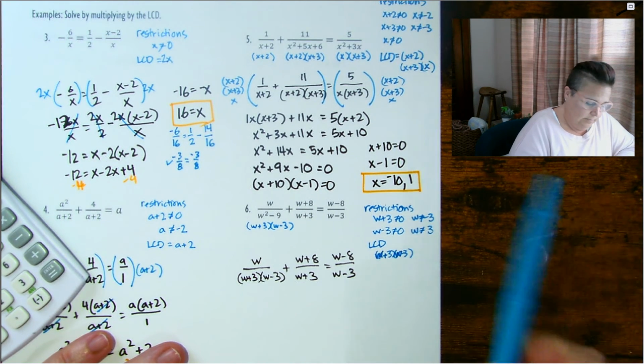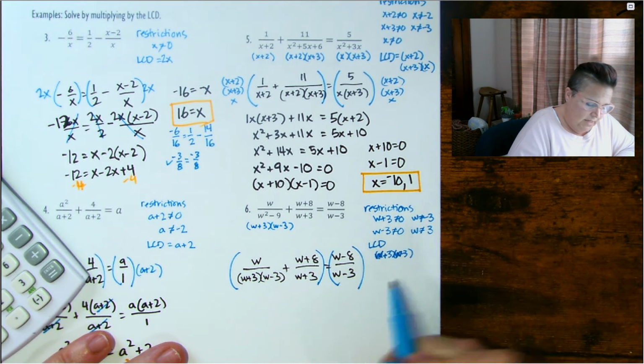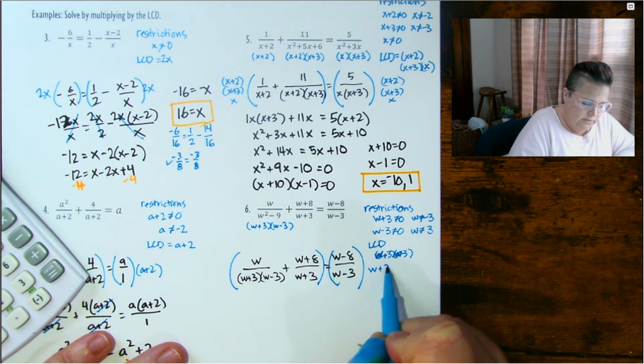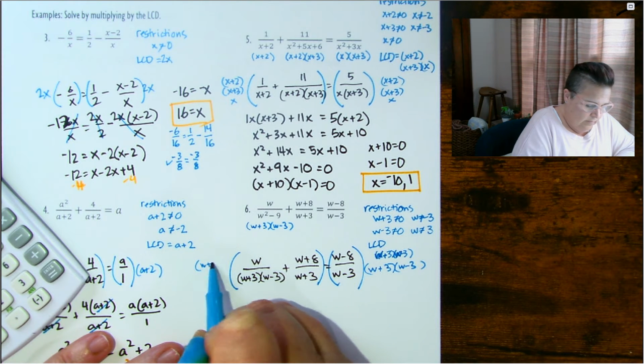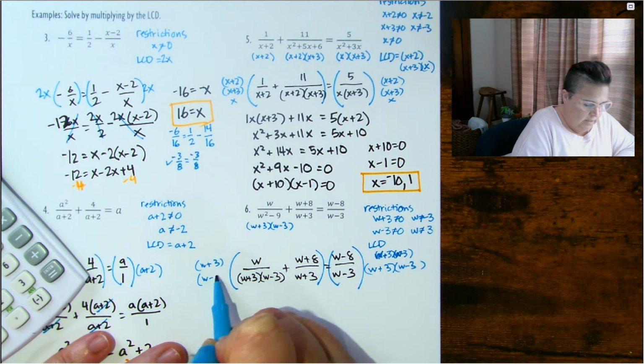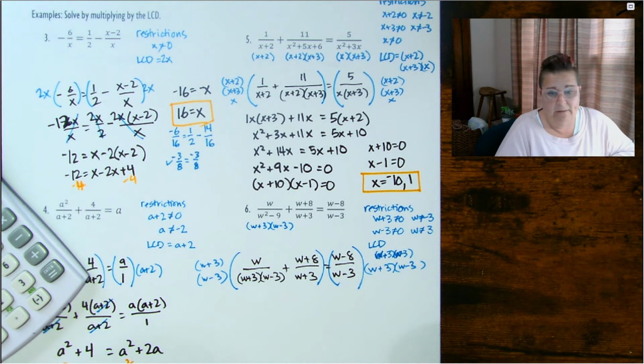We're going to multiply the left side and the right side by w plus 3, w minus 3. And again, I'm out of room, so I'm going to write them horizontally because I prefer to write them vertically.